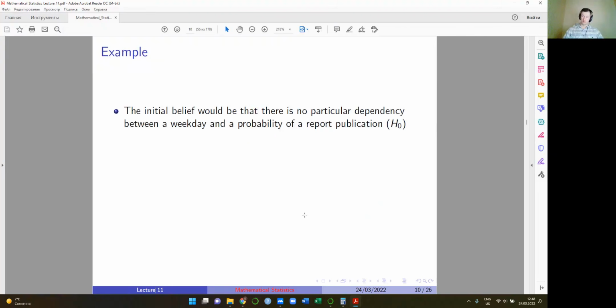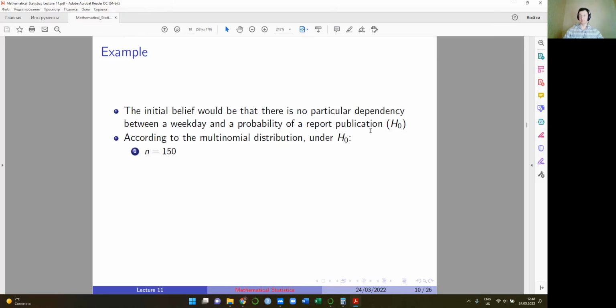According to the algorithm of hypothesis testing, we will start with the initial belief. As usual, the initial belief is that there is no particular dependency between a weekday and the publishing of the financial report. So the initial belief is the null hypothesis. According to the multinomial distribution, the null hypothesis is the following.